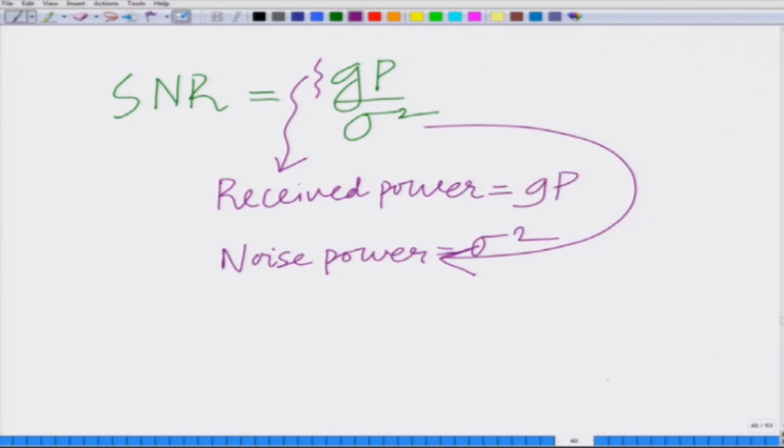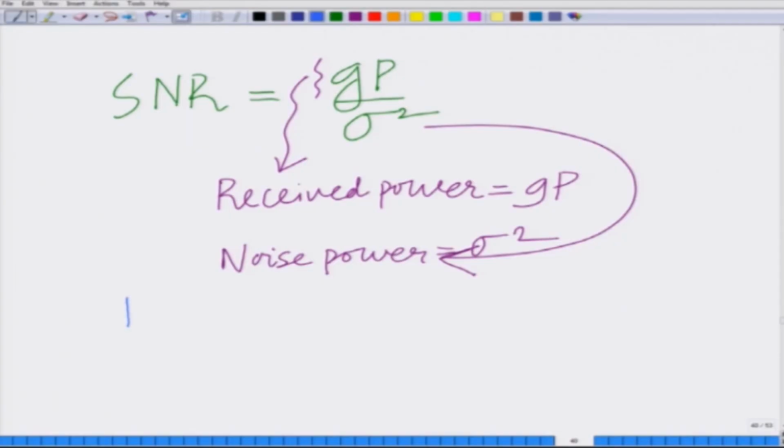And we already said that the system is in a deep fade. Remember, we defined the deep fade event as the scenario when the level of the received power is lower than the noise threshold, therefore, the signal cannot be distinguished from noise. Therefore, the deep fade occurs when the received power, that is GP, is less than the noise threshold, that is sigma square.